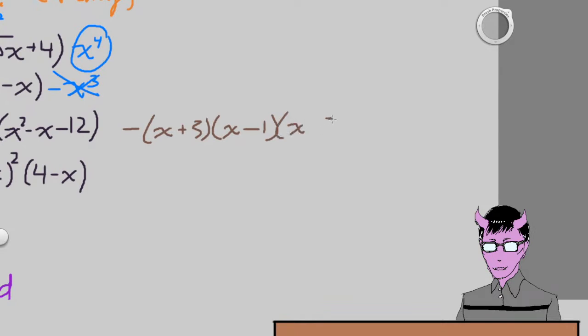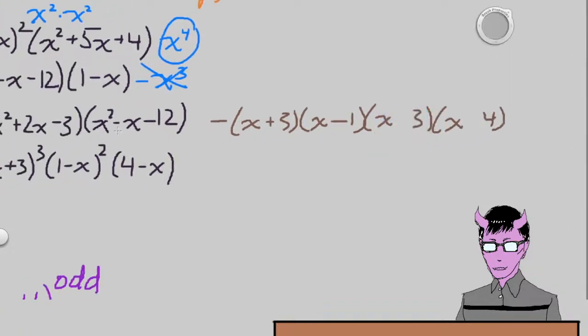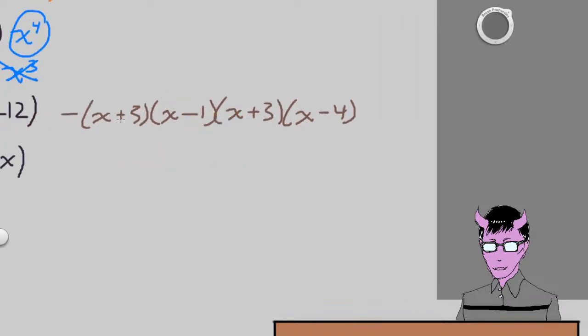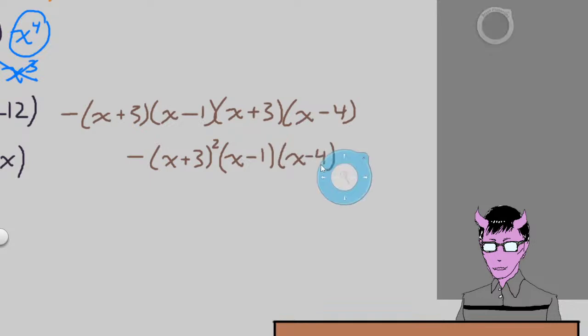So it's going to be x with a 3 and then x with a 4. The signs are different, and the larger of the two magnitudes is negative. This is the larger of the two, so that's negative. This is the smaller, so it's positive. And these two, we can consolidate together and have x plus 3 squared times x minus 1 times x minus 4.